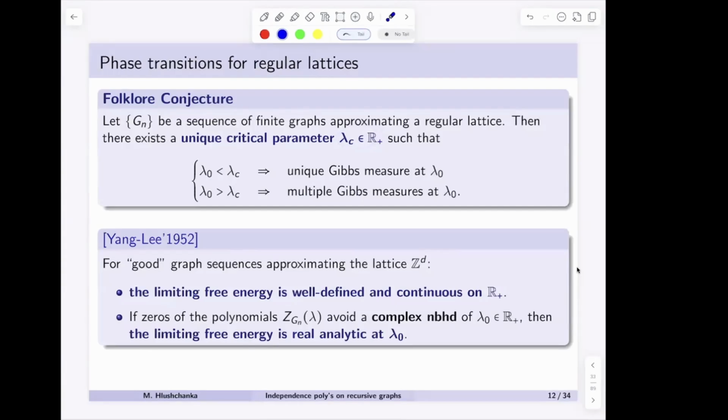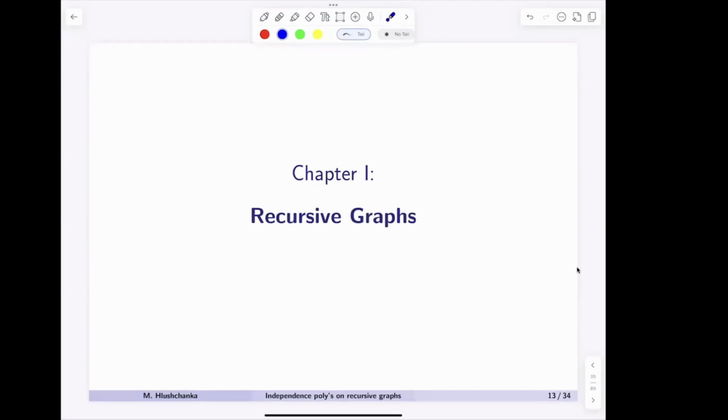Okay, if not, then let me move to the main part of this talk. Since regular lattices are hard, it is very hard to understand what is happening for the corresponding physical models for them. Instead, what we'll be doing is looking at recursive graphs.